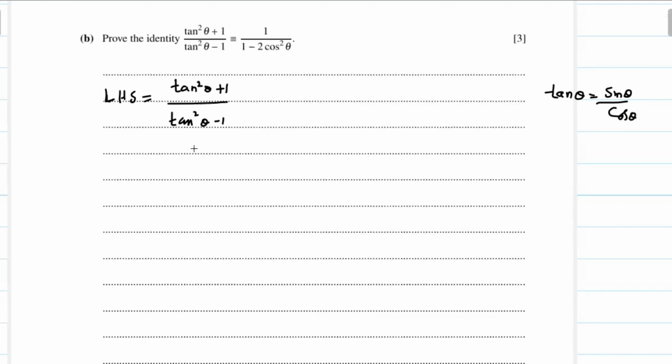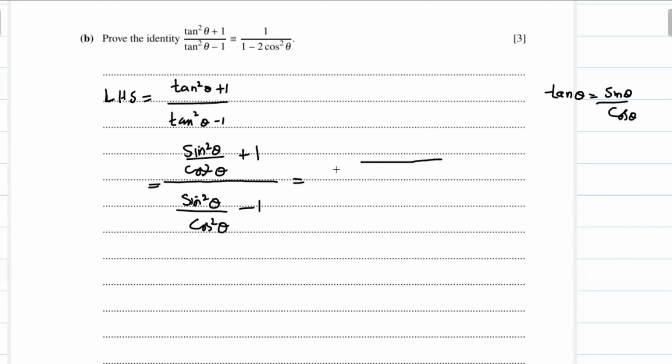Therefore, we put the value here of tan theta, that is sine squared theta over cos squared theta plus 1, which is written as it is. And tan squared theta minus 1, we can write as sine squared theta over cos squared theta minus 1. To make the denominator the same, cos squared theta is taken as the LCM.